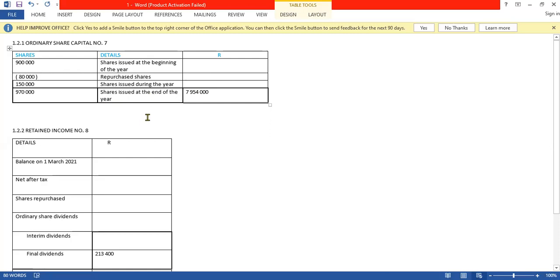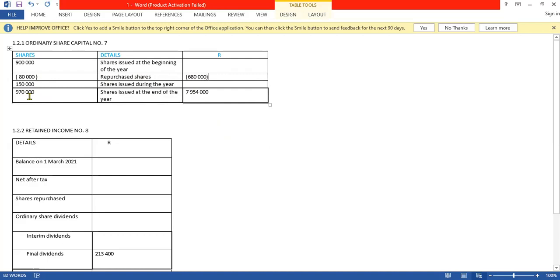Then we found that the total cost is 680,000, right? We are going to put 680,000 into brackets. So now that we have our total cost and our number of shares, we are going to go further.